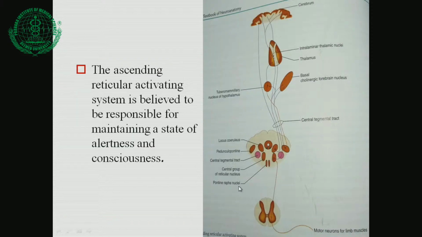These are the diagrams from here. Ascending fibers, that is the ascending tracts, run from the medulla and give collaterals to the lateral nucleus of the reticular formation. These project to the intralaminar and reticular nuclei of the thalamus, and from there to the cerebral cortex.